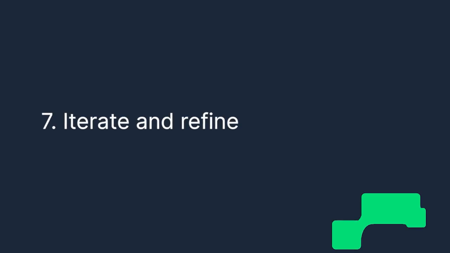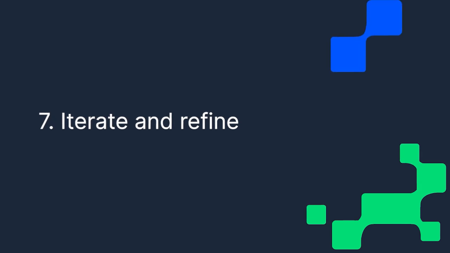Okay, so the seventh and final tip that we've got is to iterate and refine. This may be absolutely obvious because, when we start off prompt engineering, or even if we're well-seasoned prompt engineers, we're not going to get things perfect the first time.